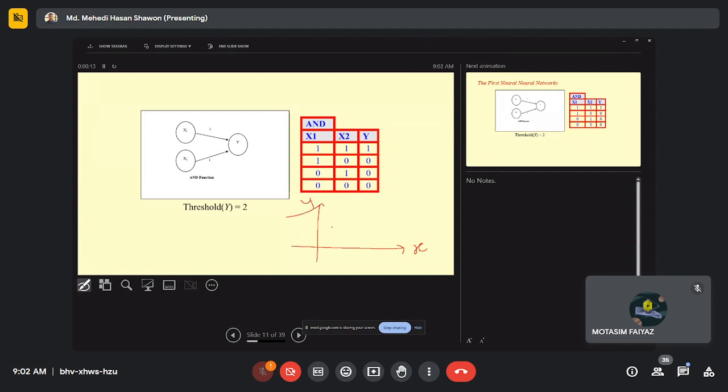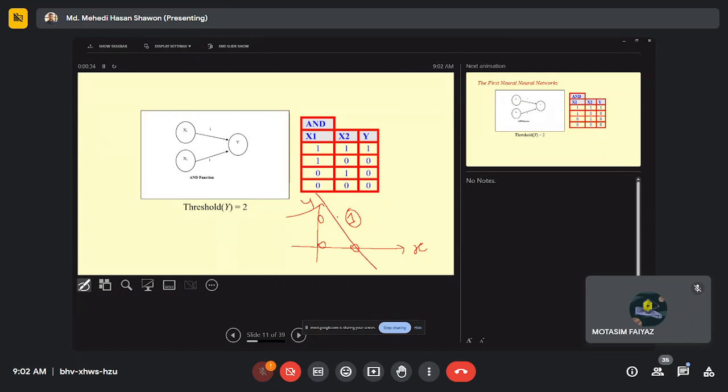When it is 1 1, the output is 1. When it is 1 0, it is 0. When it is 0 1, it is 0, and when it is 0 0, it is 0. So how can we actually solve this problem? Basically by drawing a line, right?